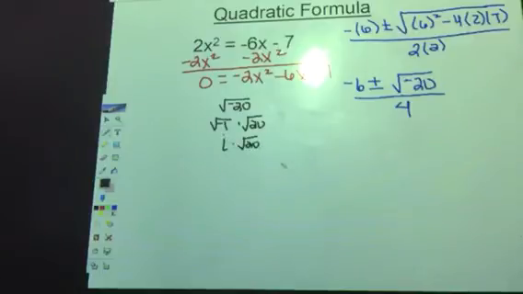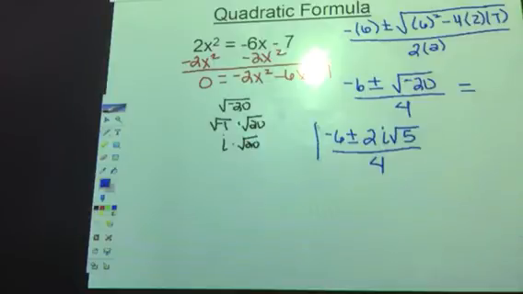And go ahead and simplify the square root of 20. Okay? Now, when you simplify this, you're going to get negative 6 plus or minus 2i times the square root of 5, all over 4. Okay? And we're going to leave our answer as that.